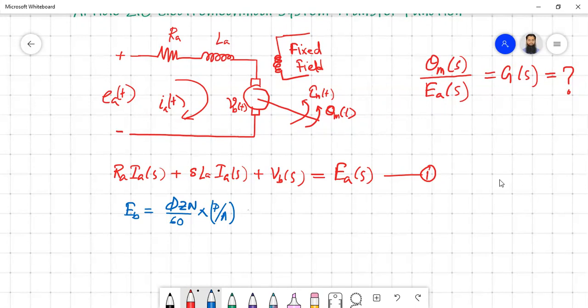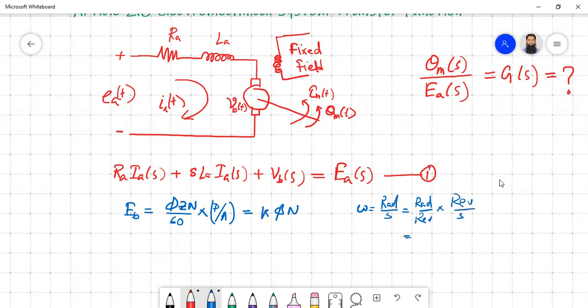That can be simplified using K, because the only two parameters that can change are phi and n. And n can be converted to omega. Omega is in radian per second, so you can write it as radian per revolution into revolution per second.